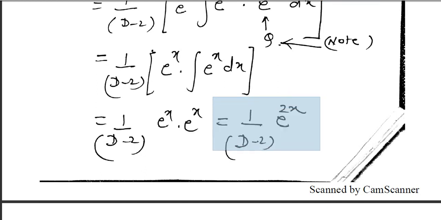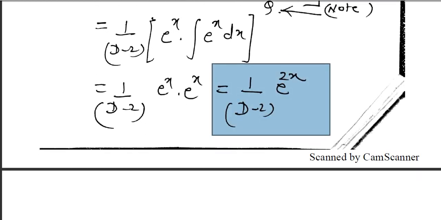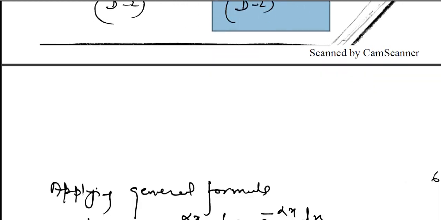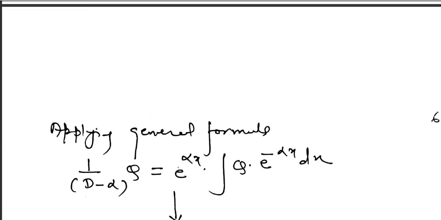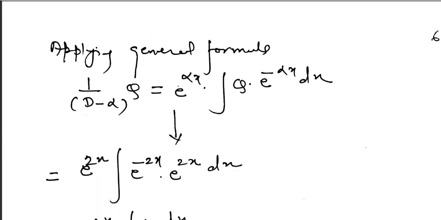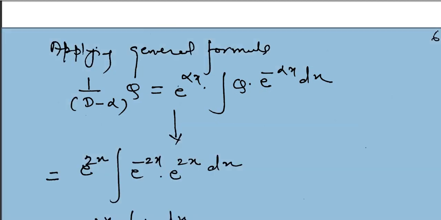Now we apply the general formula on this term. This is the general formula. Now look at here, in place of alpha we put 2: e to the power 2x integration e to the power minus 2x e to the power 2x dx.